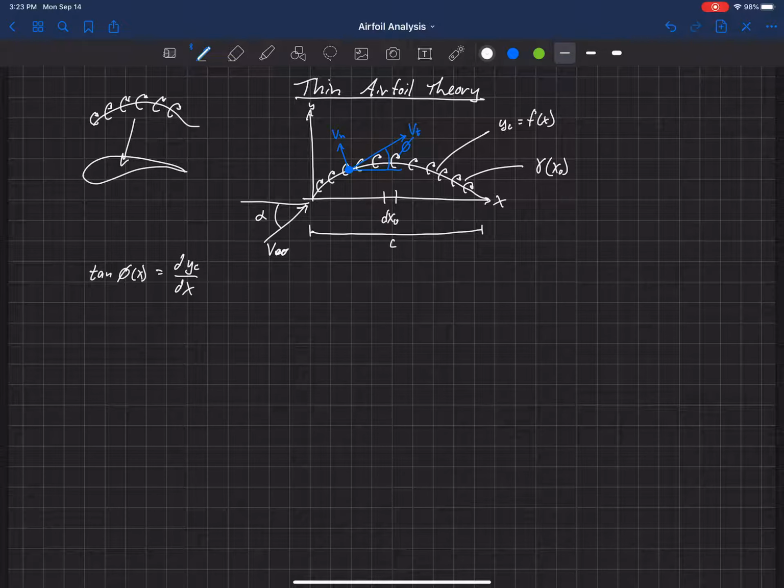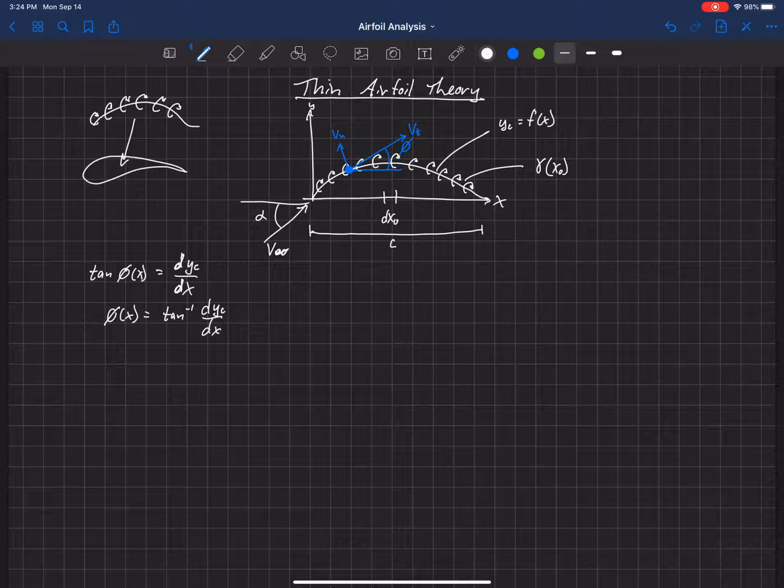Okay, so we've got our camber line definition over here as a function of x, and the derivative of that with respect to x is the tangent of phi. Okay, so in other words, we can rewrite that as phi of x is equal to the arctangent of dyc dx. And I mean for all of these to be d's.